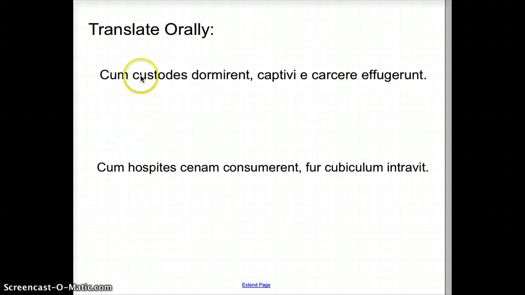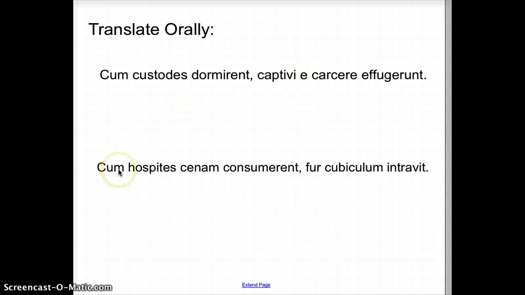Okay, so let's try some sentences with the imperfect subjunctive. Cum custodes dormirent, captivi e carcere effugerunt. So take a minute and try to translate that on your own. Did you try? Okay, so the translation would be, when the guards were sleeping, the captives fled from the prison.